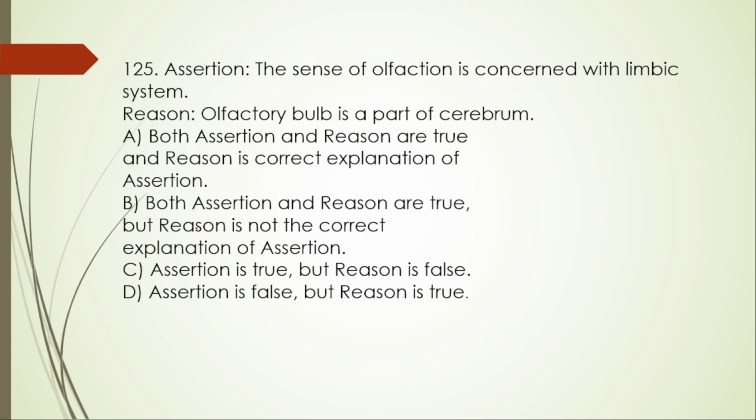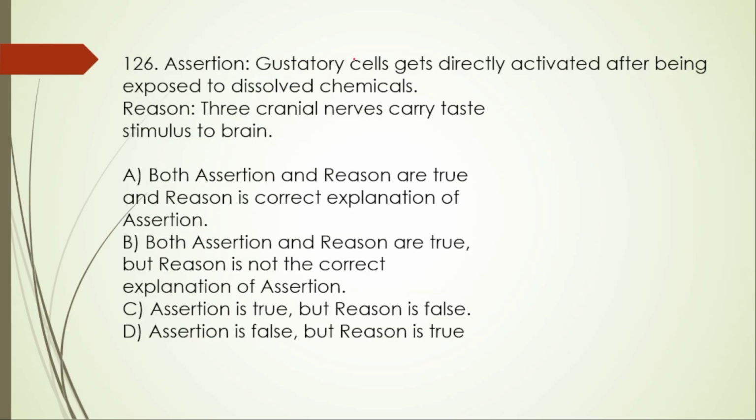Next question, 125. Assertion: the sense of olfaction is connected with the limbic system. Yes, this one is true. Olfactory bulb is a part of cerebrum. Yes, this one is also true. So both the options are true. Here the correct option is B, because reason is not the correct explanation of A. 126.